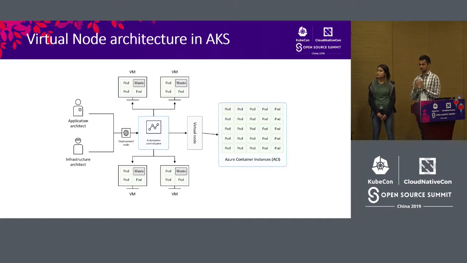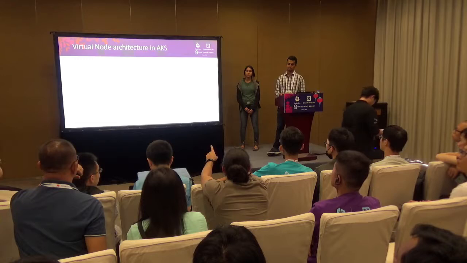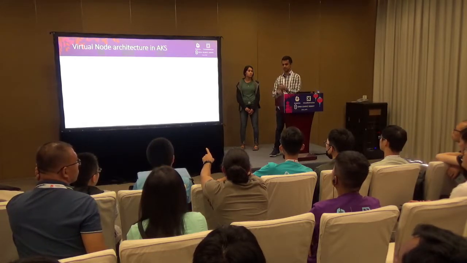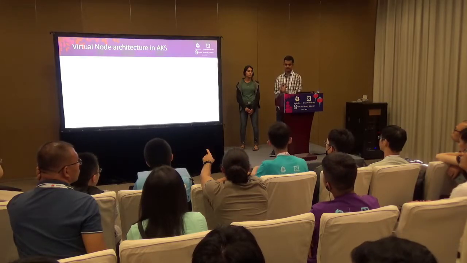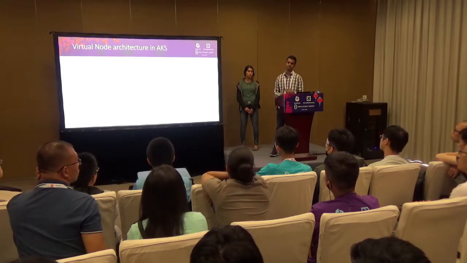So you as a user only have to worry about developing your application, packaging it into a container, and giving it to Azure. This is a generally available offering. There are two products: Azure Kubernetes Service and Azure Container Instances. If you're using AKS, there's a feature you can enable to turn on this virtual nodes experience.